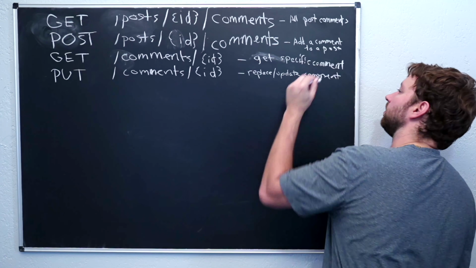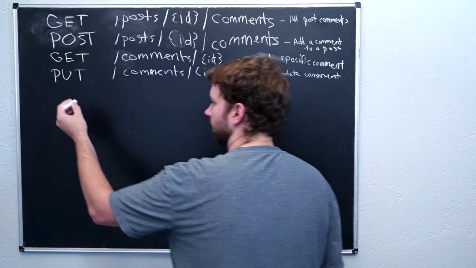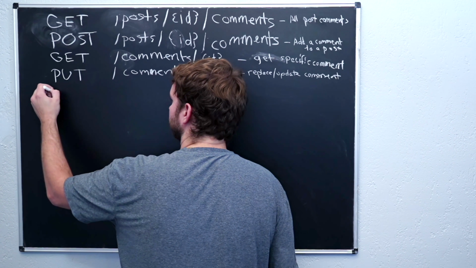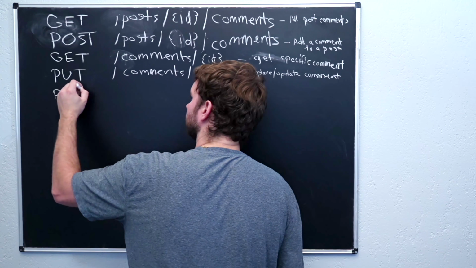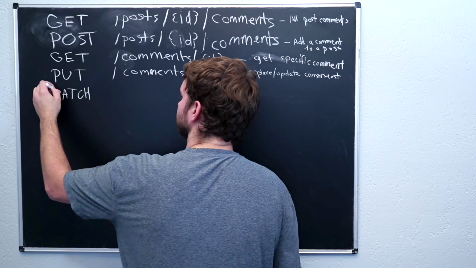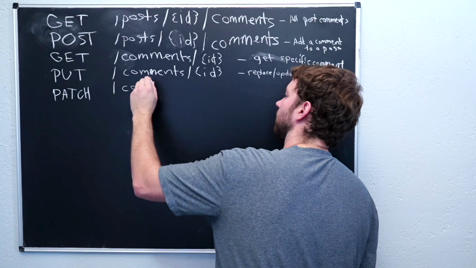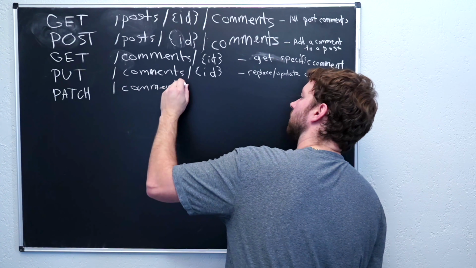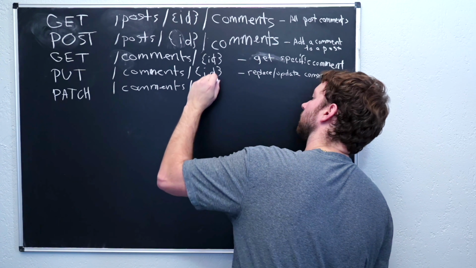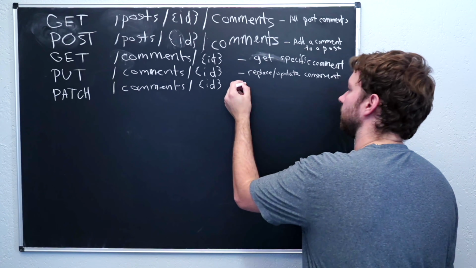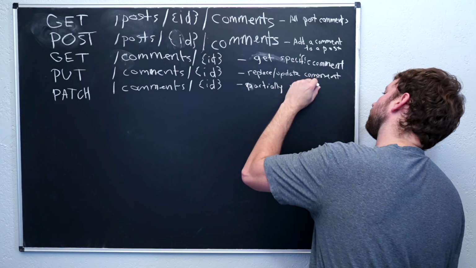comment. Now there's another type of request we can make, which is a PATCH request, which works pretty similarly, but there's some key differences here that you need to understand. So the URL will be the same. This is going to partially update.